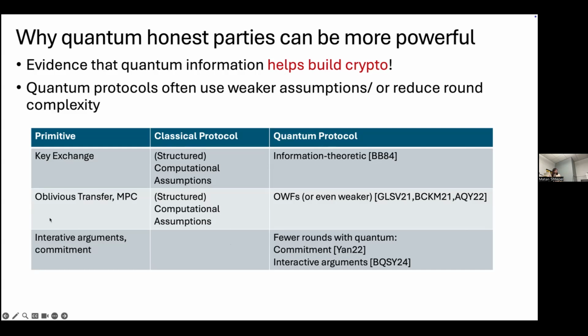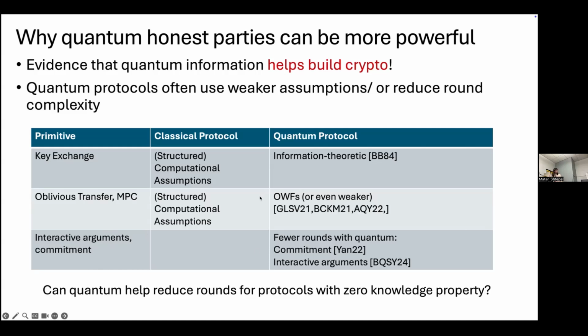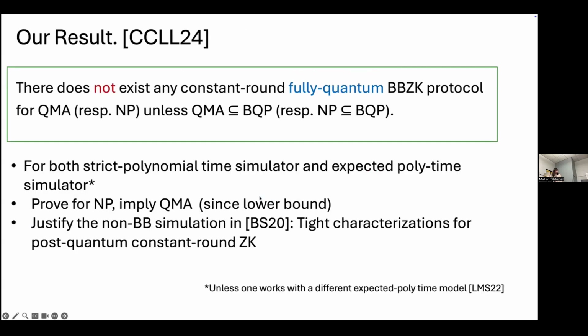There's also oblivious transfer, which leads to MPC, that you can just build on one-way functions, whereas in the classical world you also need structured assumptions. And there is also work that shows using quantum information to collapse the number of rounds you need for interactive protocols. So this gives us a lot of hope for using quantum to reduce rounds in zero knowledge as well.